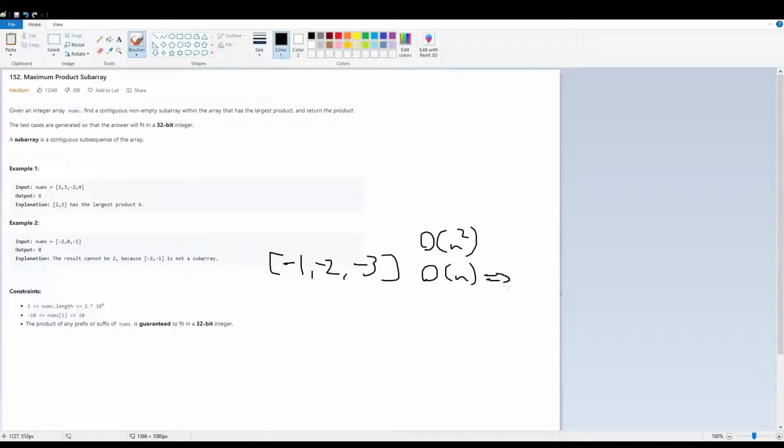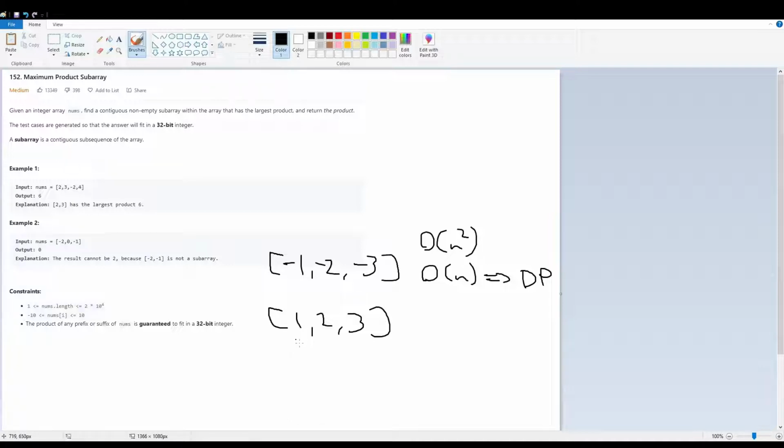How? Well, by using dynamic programming. So how will we go about it? Well, if the array was like this, containing all positives, it would kind of be easy.